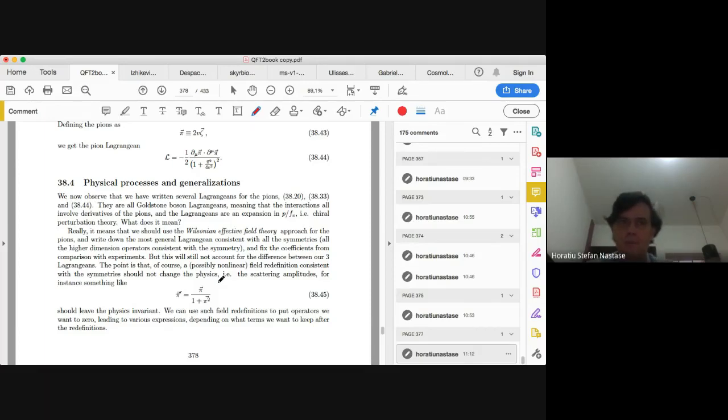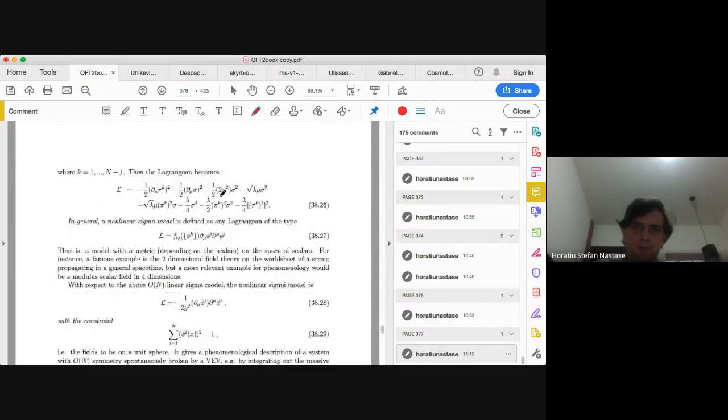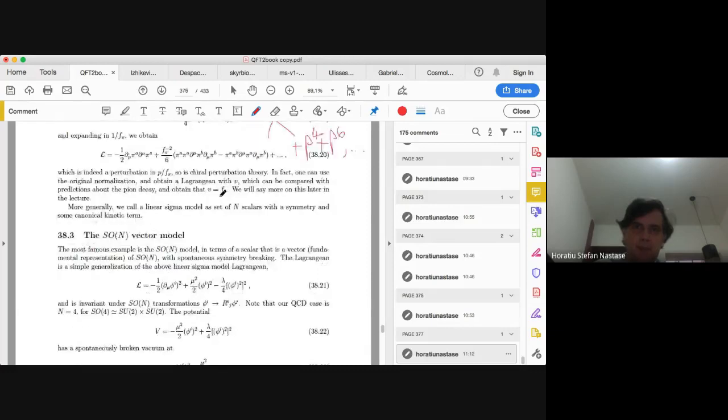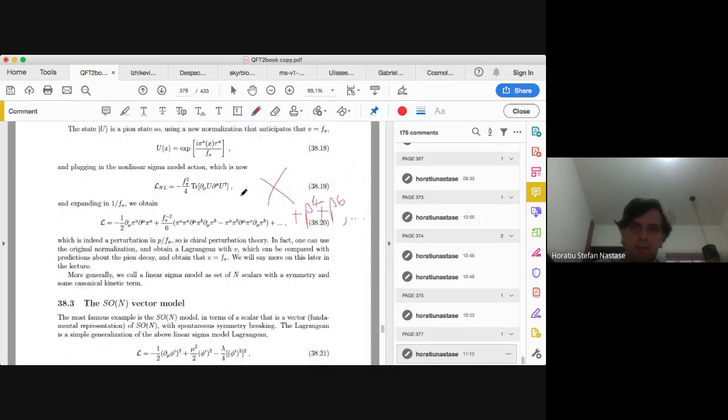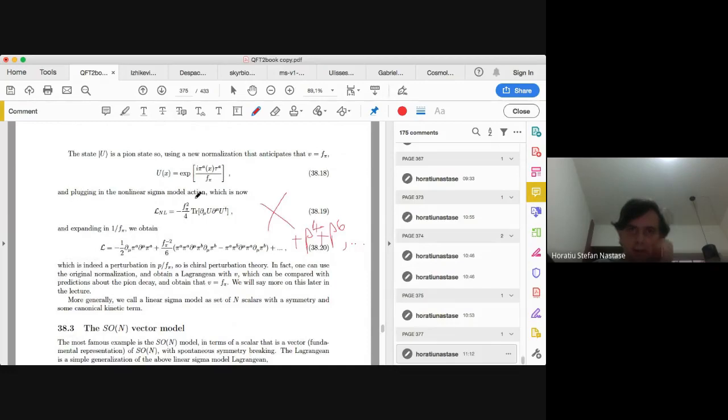So now we observe that we have written several Lagrangians for the pions, 3 to be more precise. The first that we wrote was this one, which came from the expansion of this.